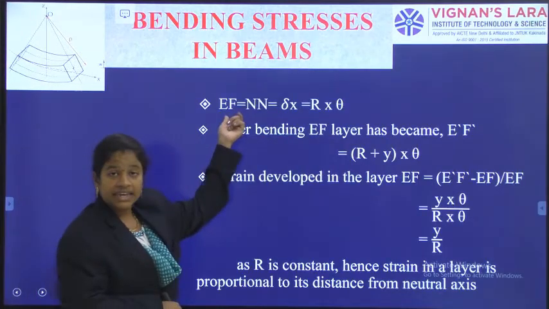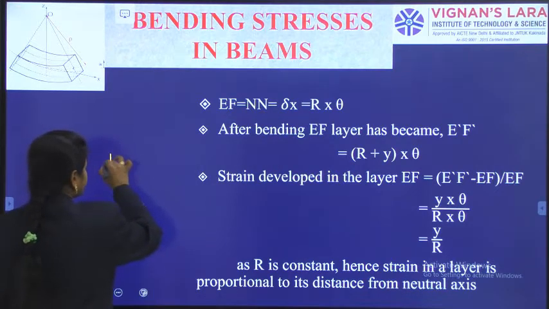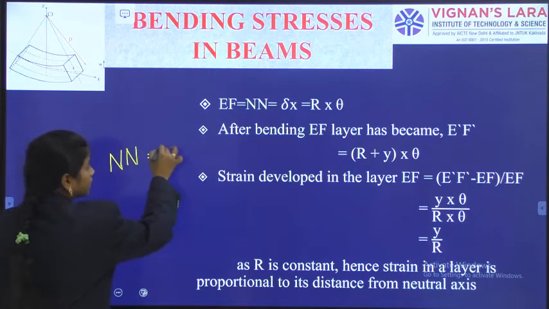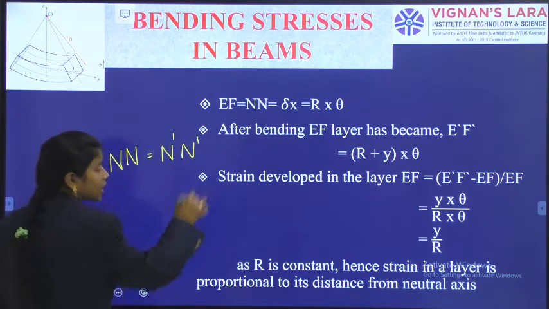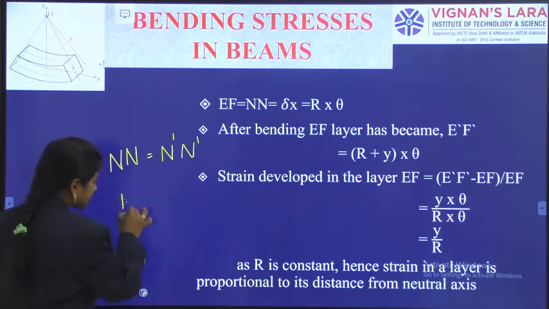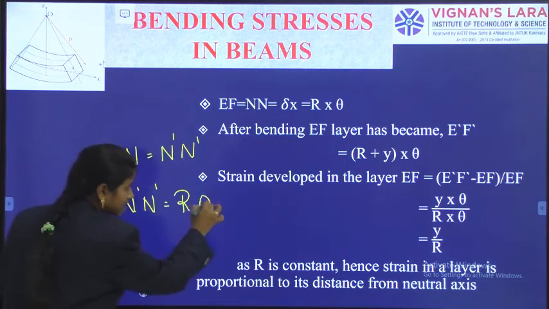Now, originally NN is equal to N dash, as we just mentioned. But N dash I can write as r times theta.